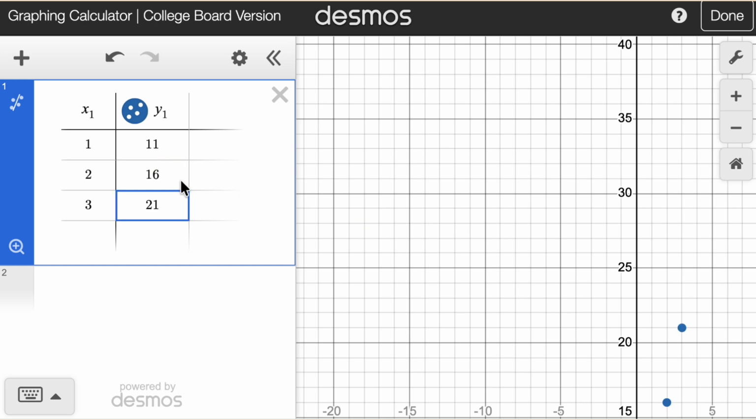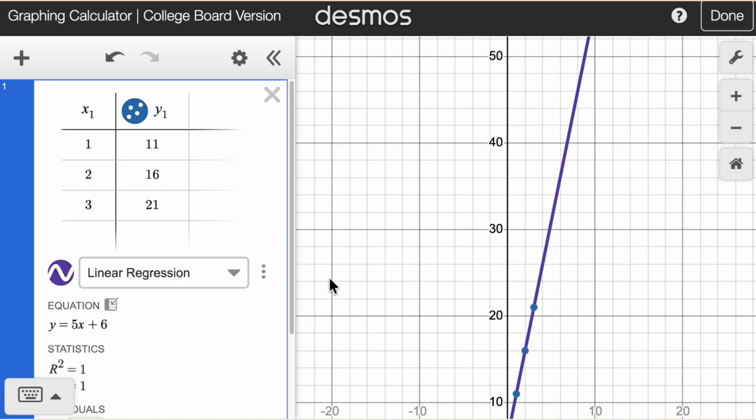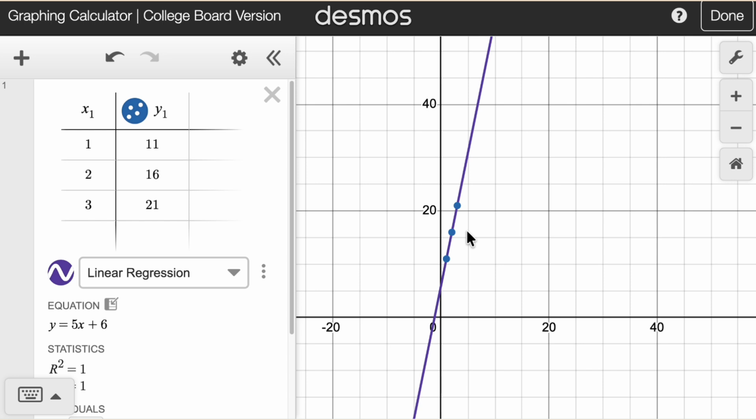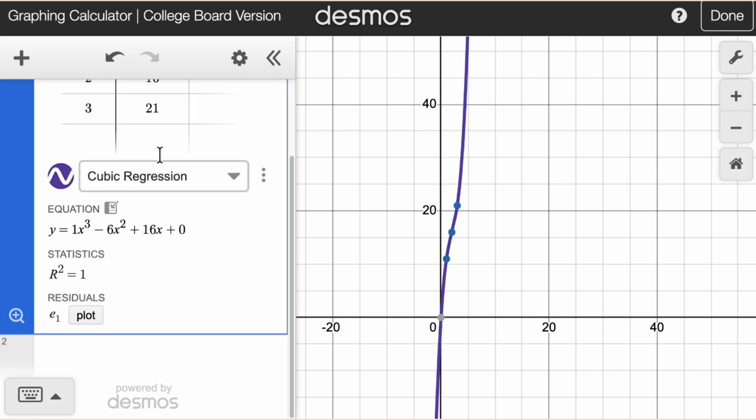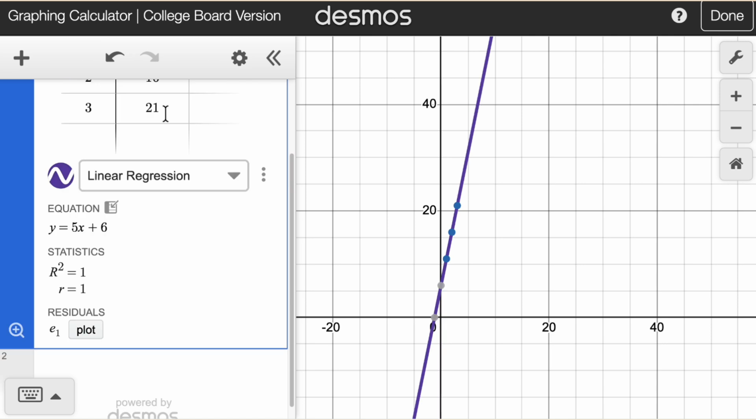Okay, now you want to click on add regression. What that's going to do is try to form a line that fits all the given points that you have given to Desmos, okay? So you can do linear, quadratic, cubic, but since our question asked us to form the linear relationship, we're going to choose a linear regression.